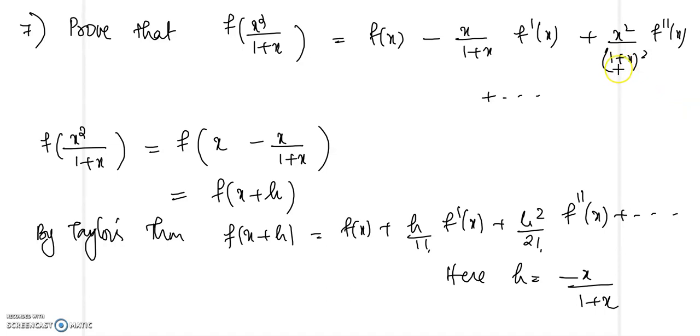We can directly substitute. We require it in the standard form only, f dash, f double dash, that is the form in which we have to prove it. So just substitute the value of h here.